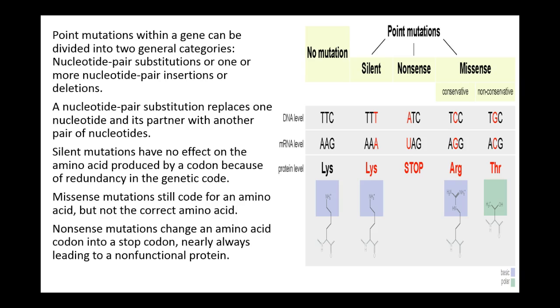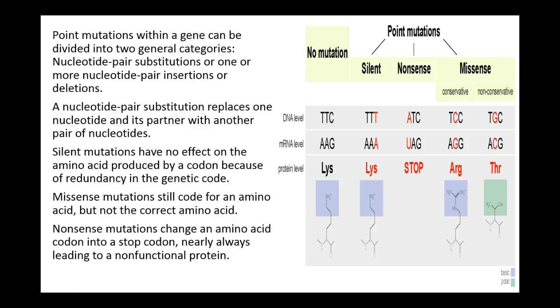Now, substitutions can be silent, which means, as you can see in this image, we're substituting an A for a G, and we still end up with lysine as the protein. So it's never really known that that is a mutation because it still makes the same protein.